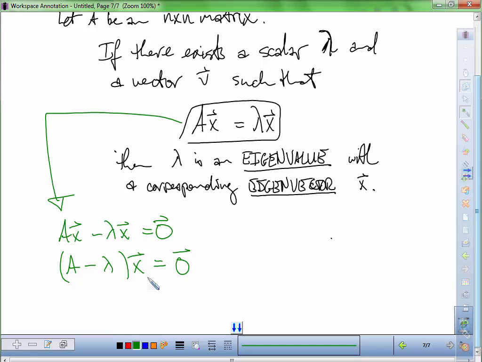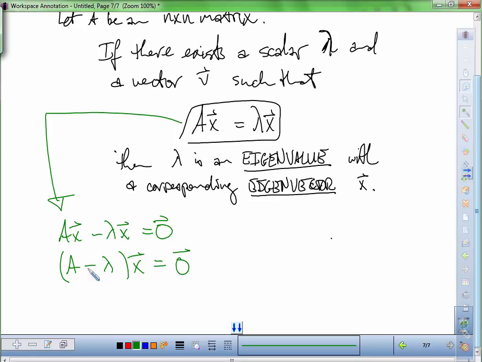If you have a matrix and a scalar, you can multiply, so something will work there, but you can't add or subtract matrices and scalars because those are two different things. So how do you think we can deal with this?